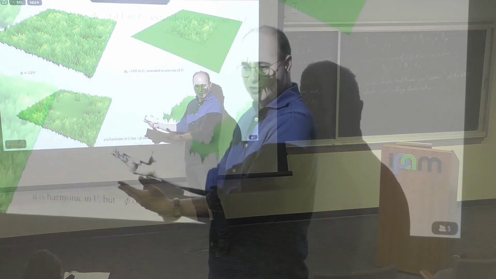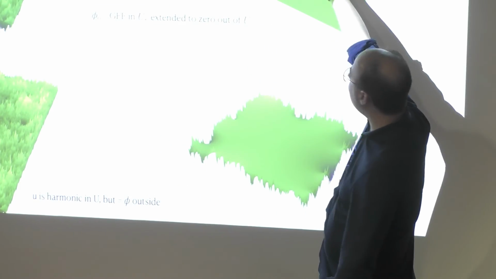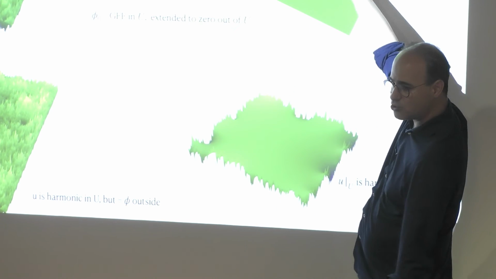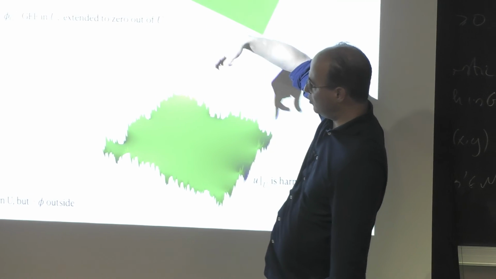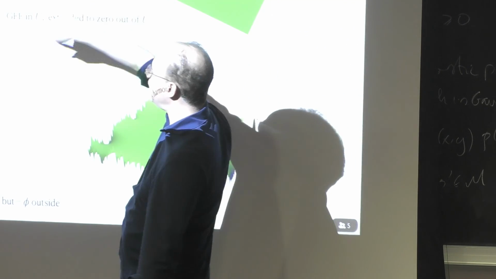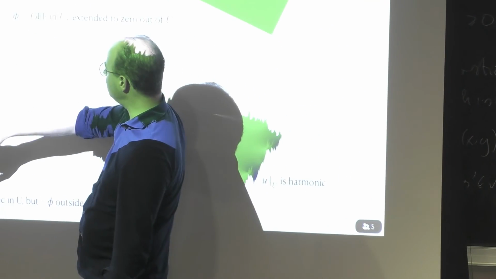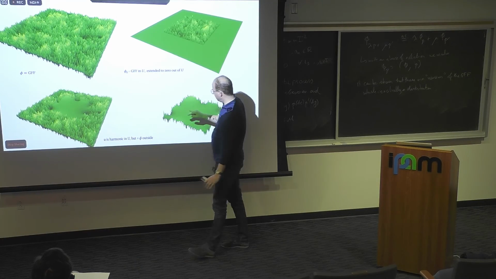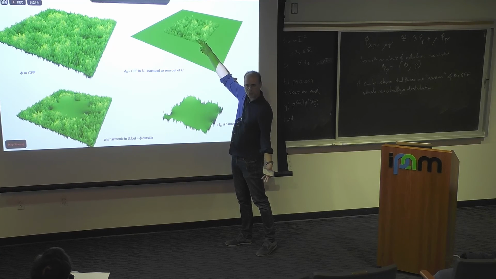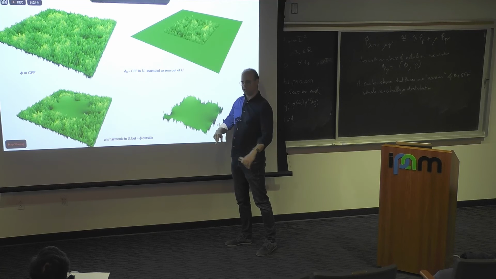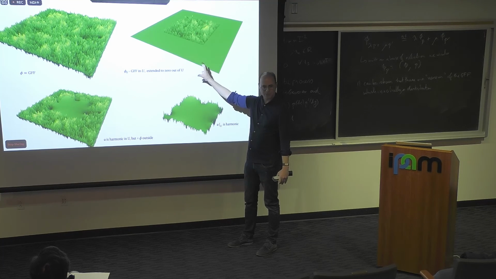There is also a fluctuation term, and these fluctuations are given by an independent Gaussian free field with 0 boundary conditions. So the conditional law of the field given the values outside of the square U is given, on the one hand, by the harmonic interpolation of the boundary data, this little function u here, plus an independent noise term, which is just zero boundary GFF in this smaller domain.